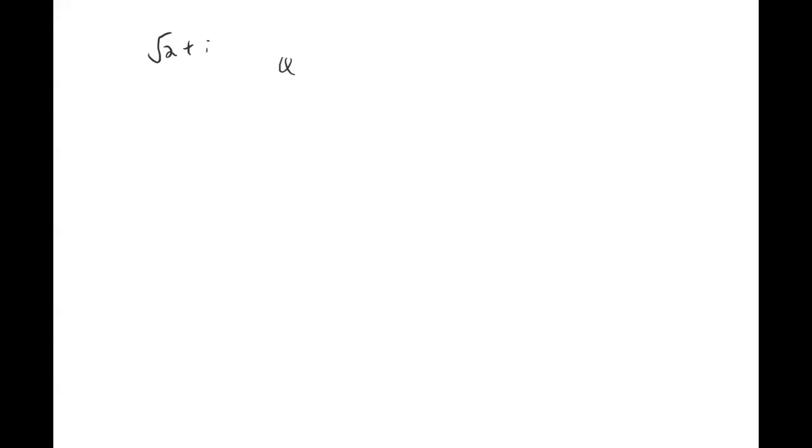So let's do alpha equals root 2 plus i. This gets a bit more tricky. Let's get rid of the root 2 first. So alpha minus i is root 2. I squared both sides, and then alpha squared minus 2i alpha.